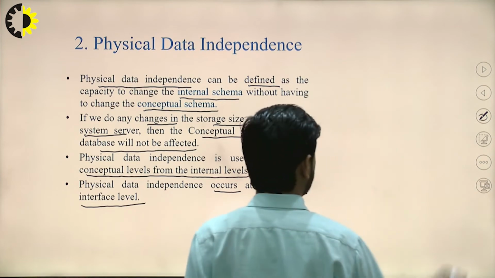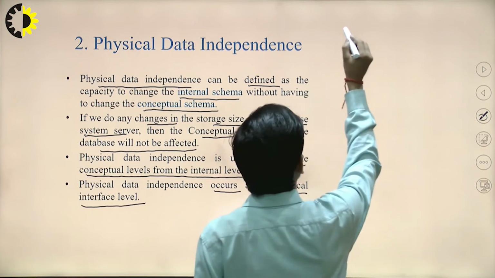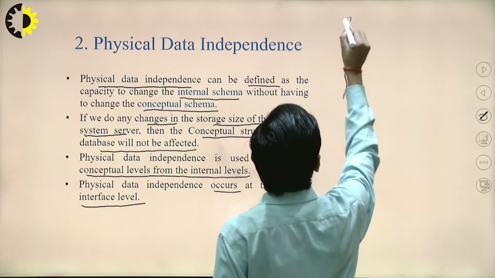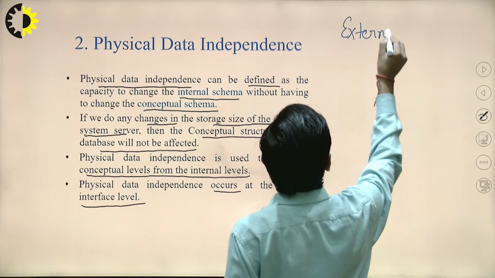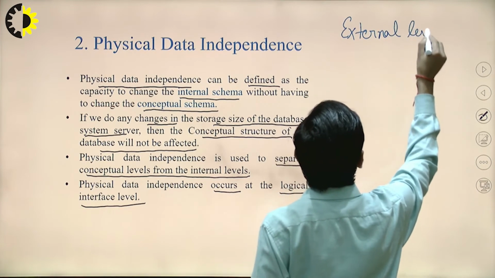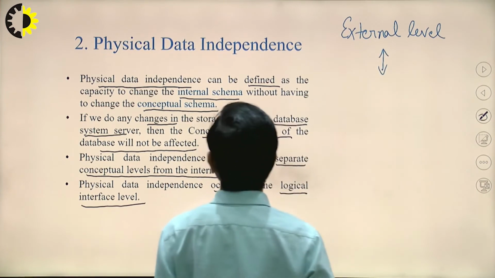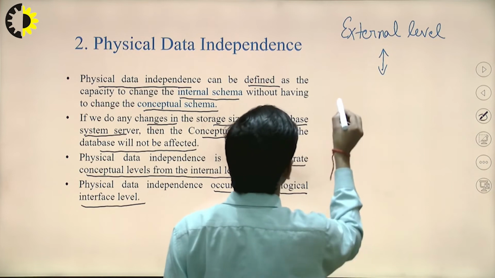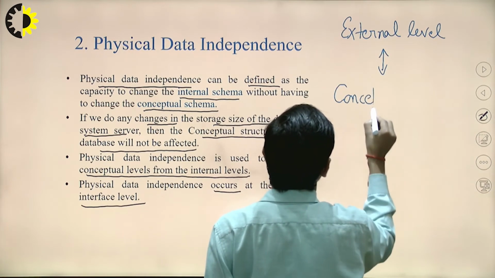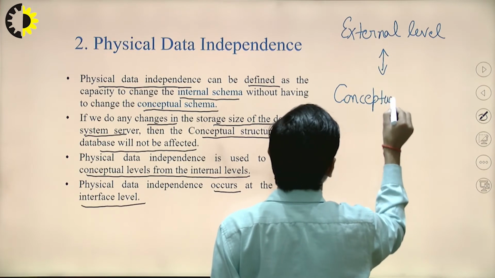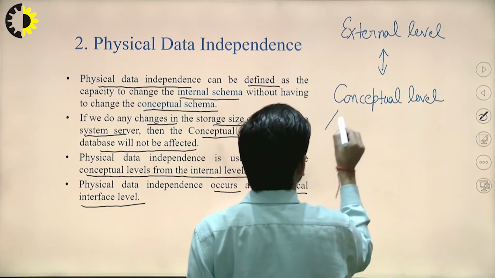So what it means, suppose here is the external level. The next level is the conceptual level, or you can say logical level.